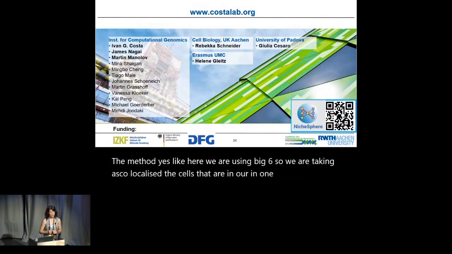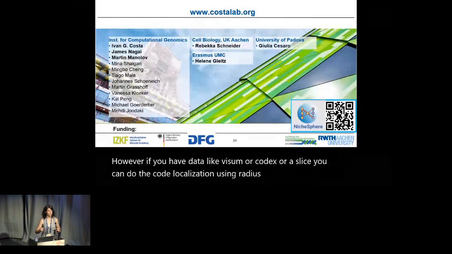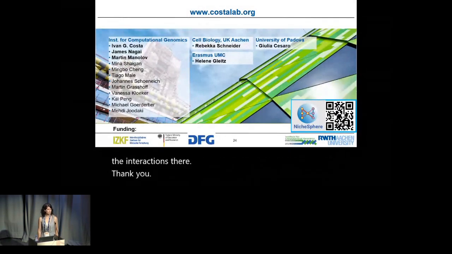However, if you have data like Visium or Codex or a slice, you can do the colocalization using radiuses, for example. So you can use the cells in a radius, and then you can look at the interactions there.